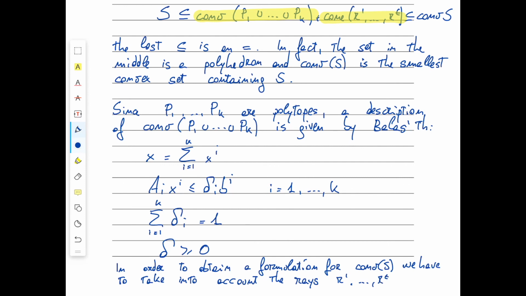So how do we do it? We add to the x here plus the sum for j equal to 1 until t of the mu j's times rj's, and then we have mu greater than or equal to 0. And this is exactly the formulation in the statement, and so this concludes our proof. And this also concludes this section about the union of polyhedra.